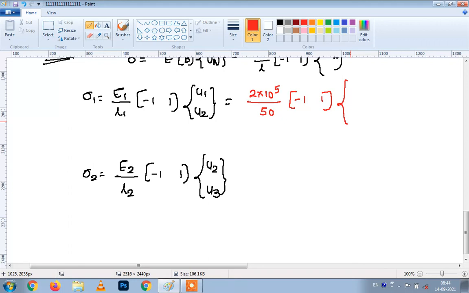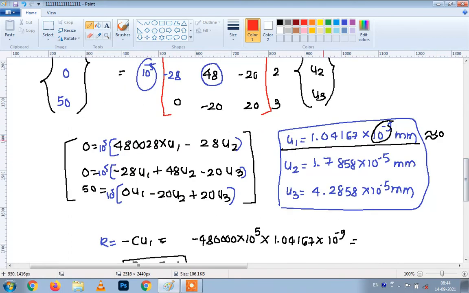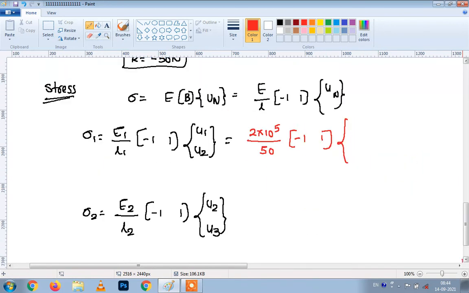Now the value of u1 that we have got, we have to write down here: 1.04167 into 10 raised to minus 9. This value we have to consider here. And the value of u2 that we are getting here is 1.7858 into 10 raised to minus 5.